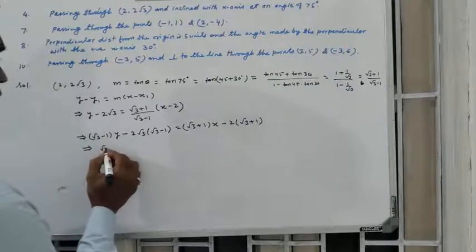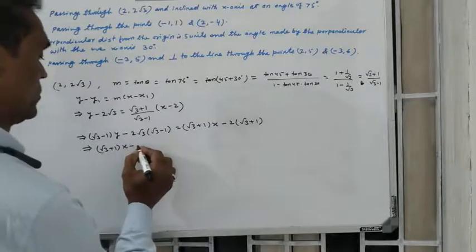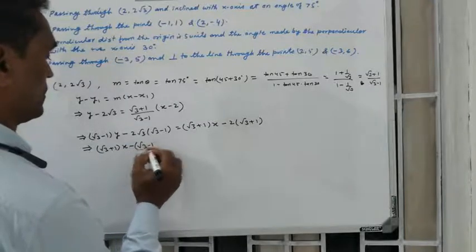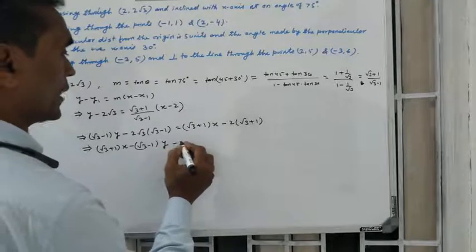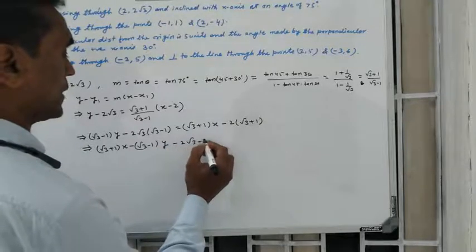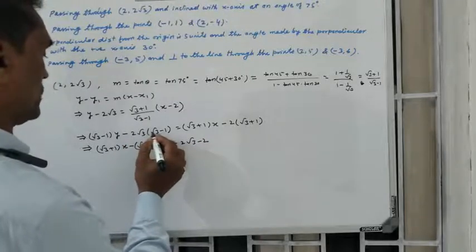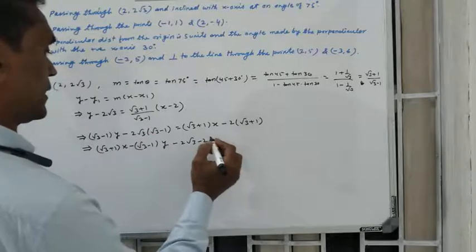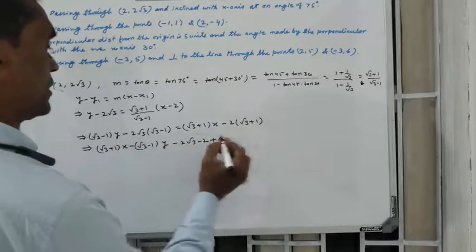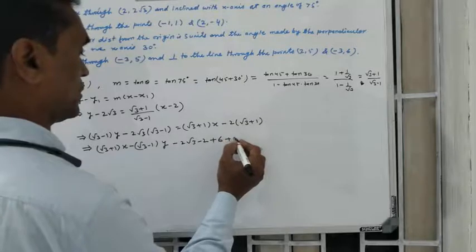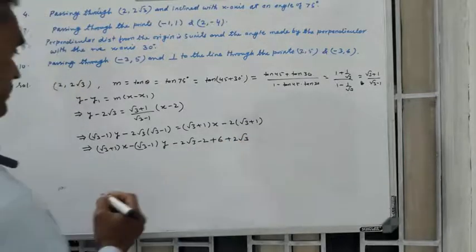So root 3 plus 1 x minus root 3 minus 1 y. Here minus 2 root 3 minus 2, you multiply this, then 2 into 3 is 6 and then plus 6, and here minus 2 root 3 plus 2 root 3.